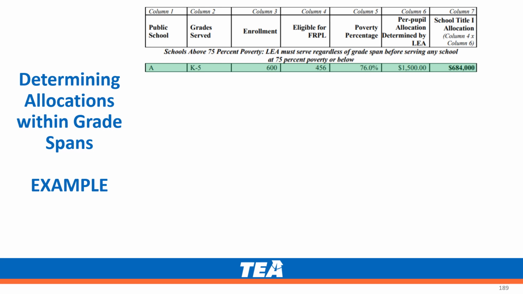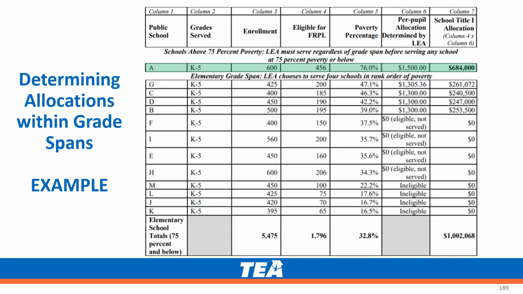After doing so, the LEA has funds remaining and therefore the discretion to allocate the remaining funds by grade span, which includes the flexibility not to serve a grade span. In this example, we will see that the LEA chooses to serve its elementary and high school grade spans only.